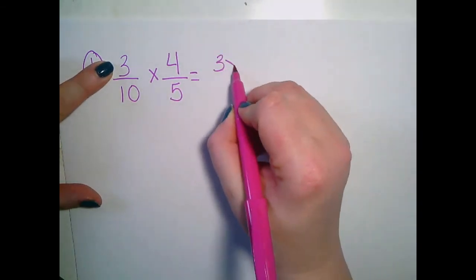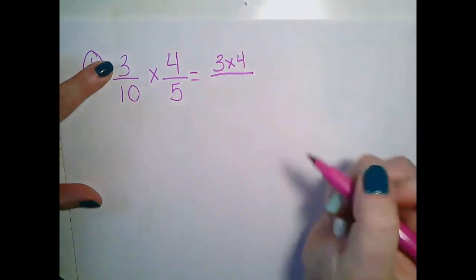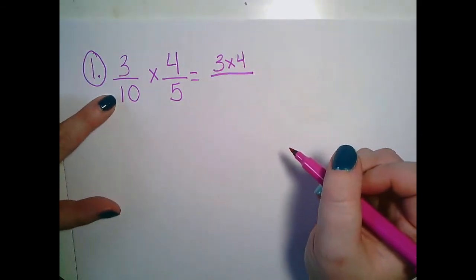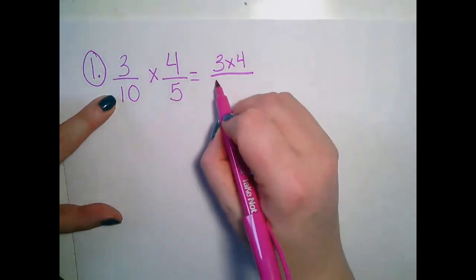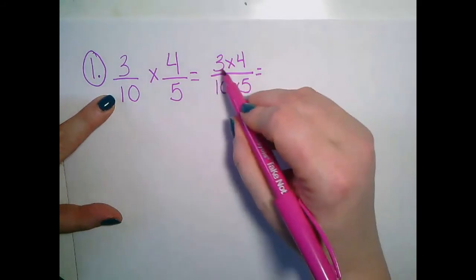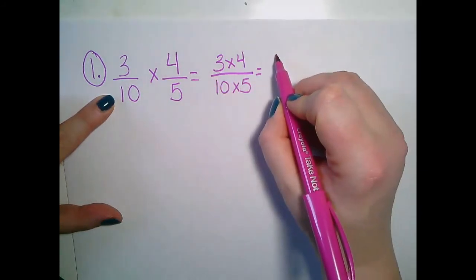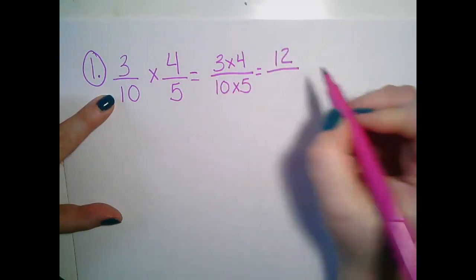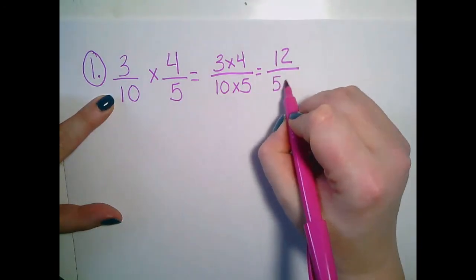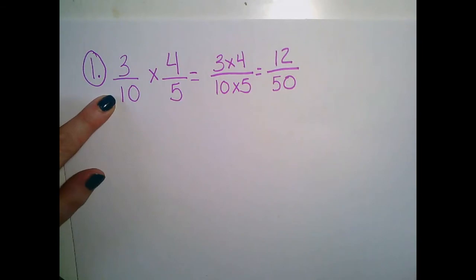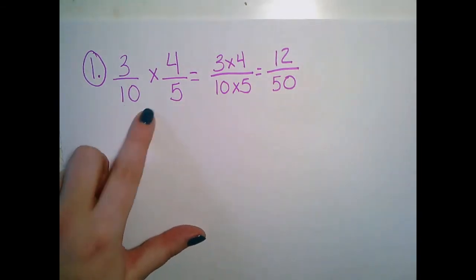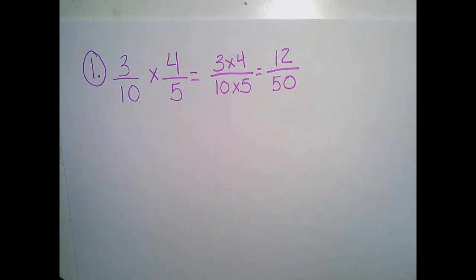Yes, 3 times 4. And then for the denominators, what am I going to be multiplying together? Yes, 10 and 5. So what is 3 times 4? 12, good. And then what's 10 times 5? Good, 50, very nice, awesome. So the answer to 3/10 times 4/5 would be 12/50.